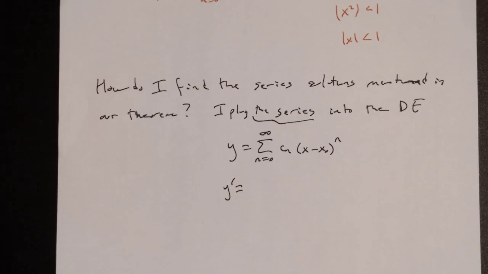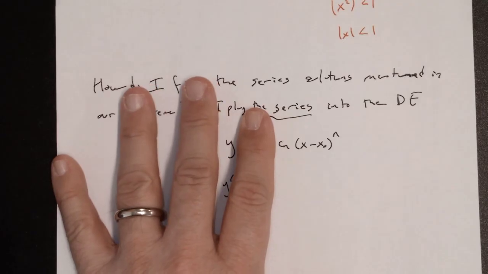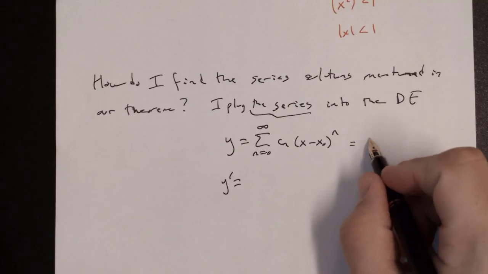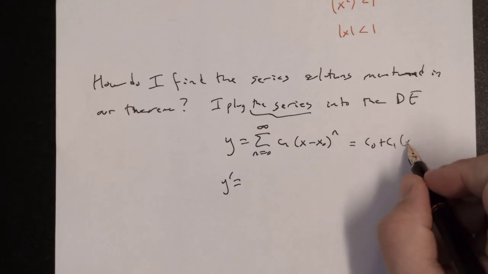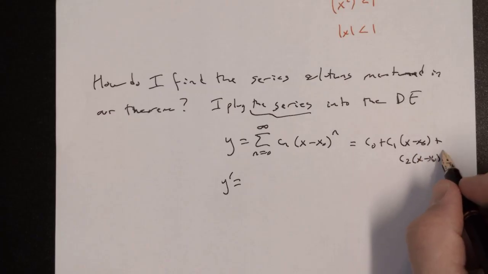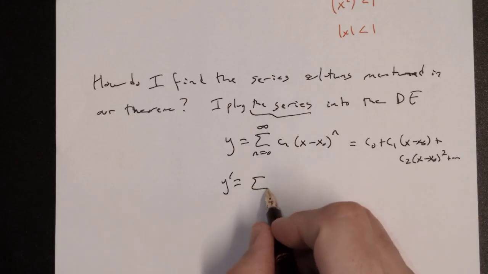So I'm going to take the derivative of this with respect to x. So Cn's a number, it just stays there. Remember, this is like C0 plus C1 (x minus x0) plus C2 (x minus x0) squared plus. So I just take the derivative like these are powers of x.